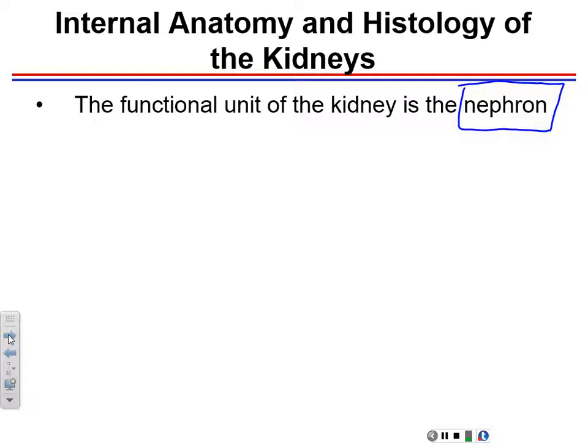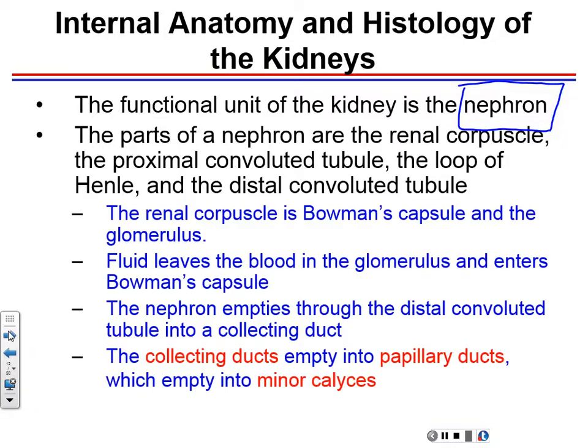And then after you collect all that filtrate, you have a system of tubules, which starts with the proximal convoluted tubule, then the descending limb and the ascending limb, which make up the loop of Henle, and then the distal convoluted tubule, which then goes to the collecting ducts, and eventually ends up in the ureters in that fashion that we talked about: from the papilla, minor calyxes, major calyxes, and pelvis. Okay? So I'll show you the picture of that.